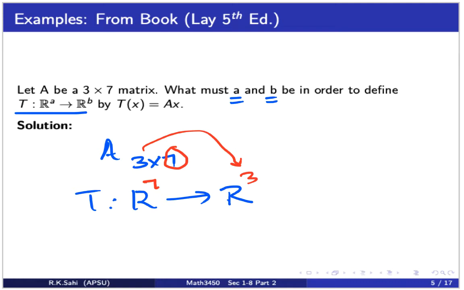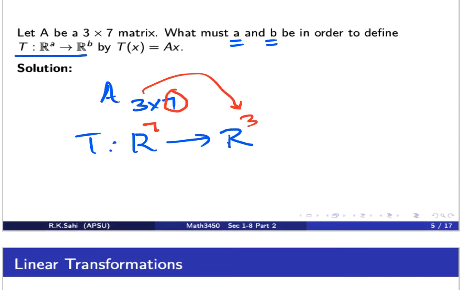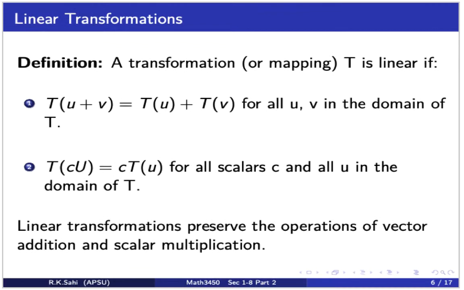Now we're going to talk about a very important transformation. It's called the linear transformation, a very, very important transformation. Now, what is a linear transformation? It's a transformation which is going to be linear if two conditions hold.